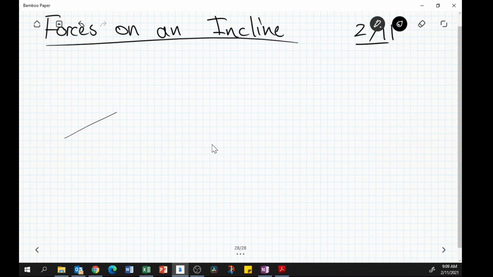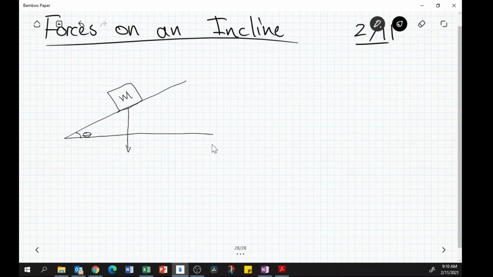So we have our incline, of course, some theta, some ground, some object, has mass, it has a force due to gravity.